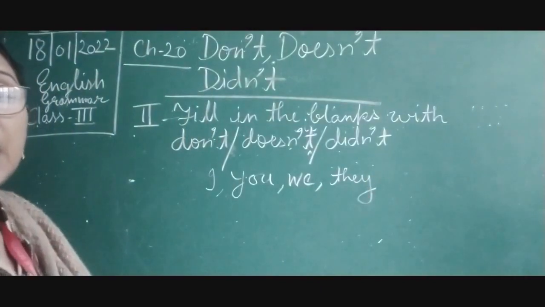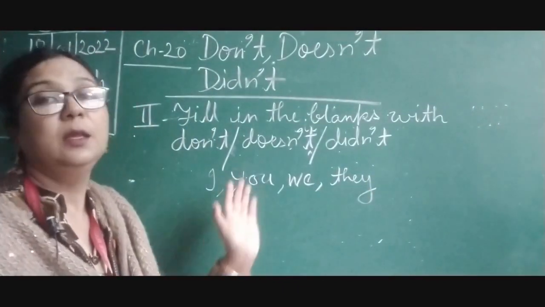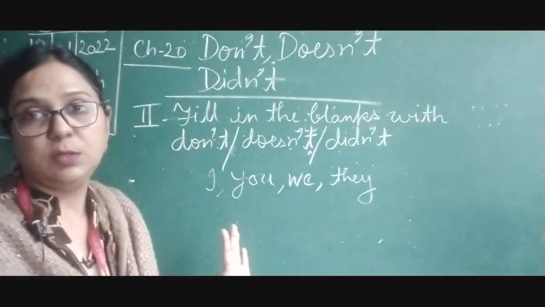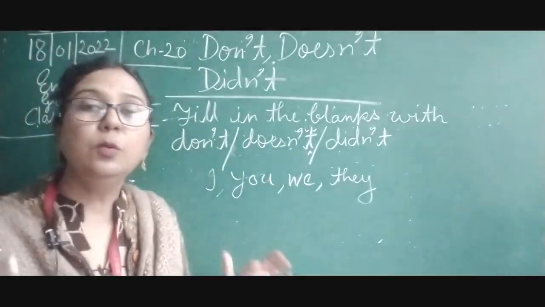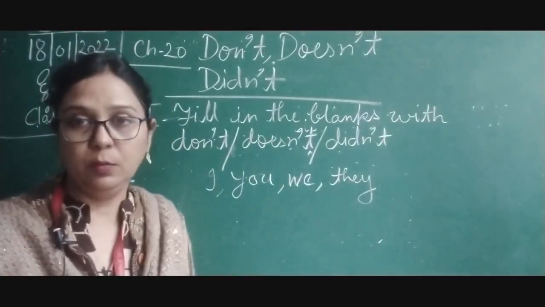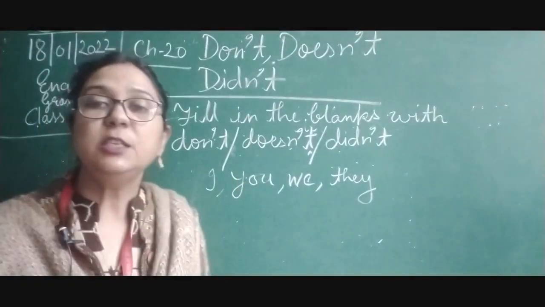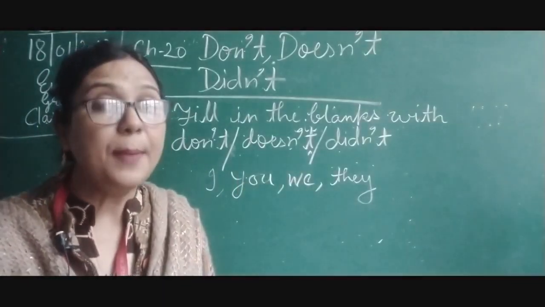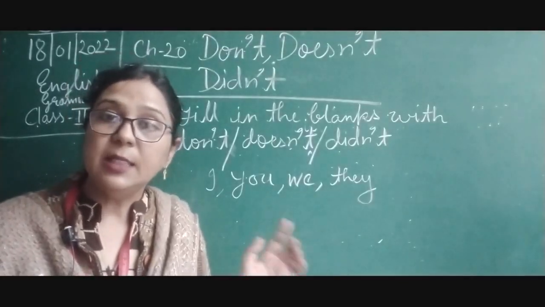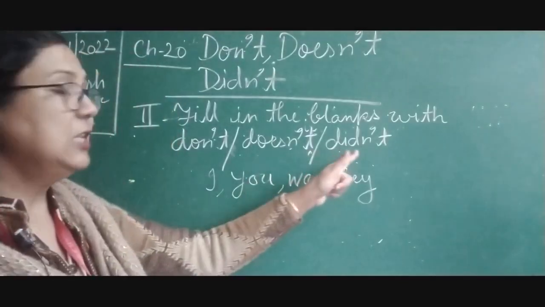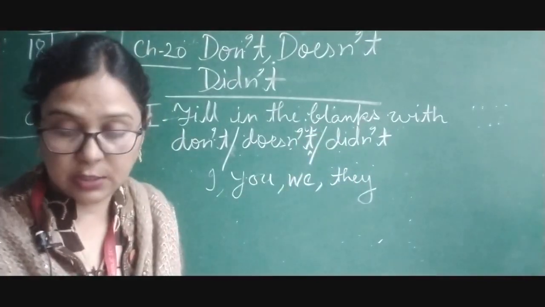These are the pronouns with which don't will be used. Doesn't will be used with the singular noun. And didn't will be used with the past tense. If we are making a negative sentence in past tense, then we are supposed to use didn't or did not. This is the short form of did not.